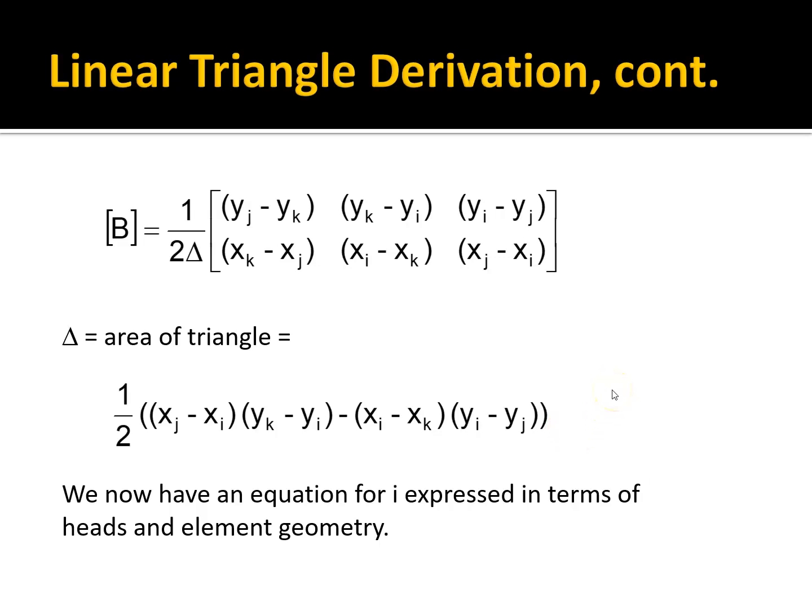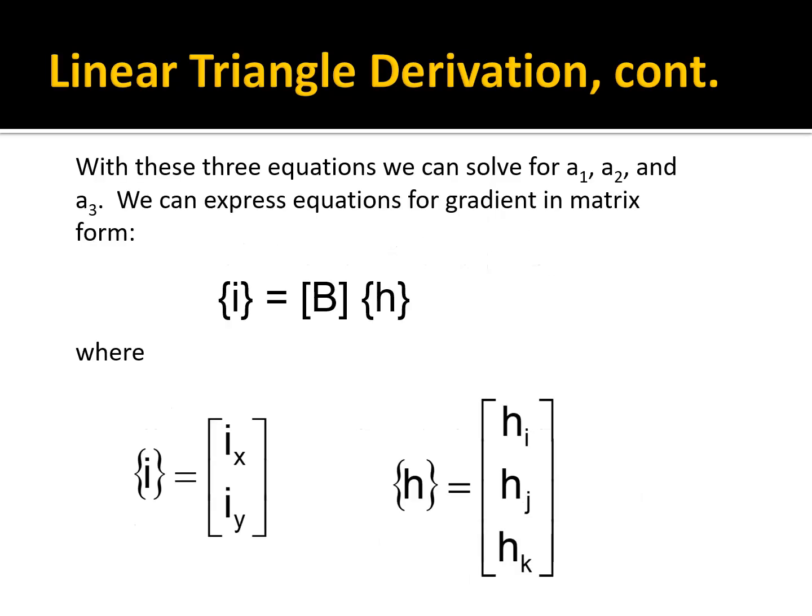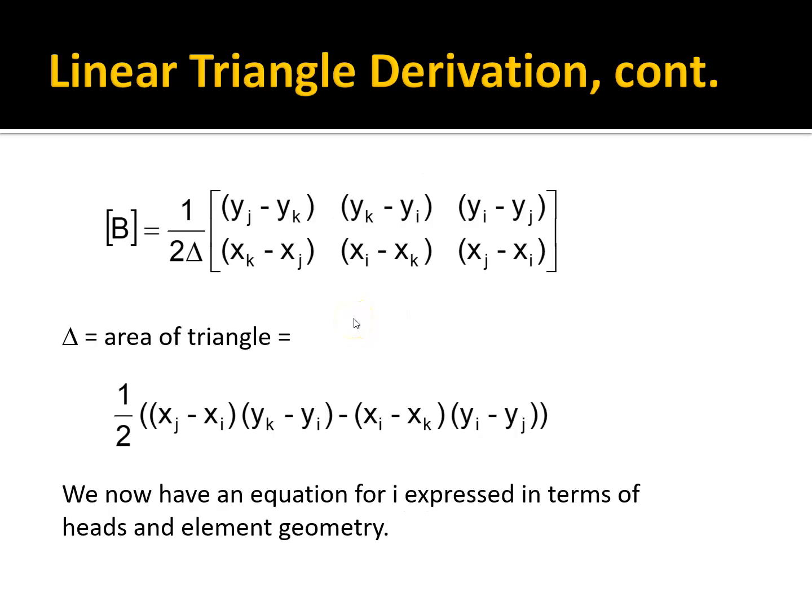We just calculate that once and plug it in here, and now we have our B matrix. And so we now have an expression for the hydraulic gradient in terms of heads, and B is purely the element geometry.